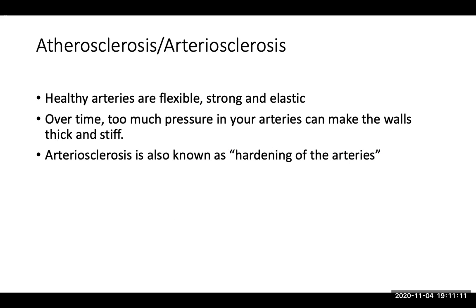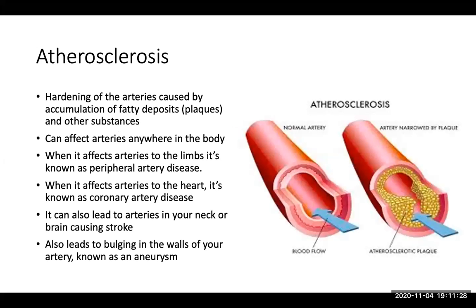Atherosclerosis and arteriosclerosis: healthy arteries are flexible, strong, and elastic, but over time, too much pressure in your arteries can make the walls thick and stiff. Arteriosclerosis is also known as hardening of your arteries. And atherosclerosis is hardening of the arteries caused by the accumulation of fatty deposits or plaques and other substances.